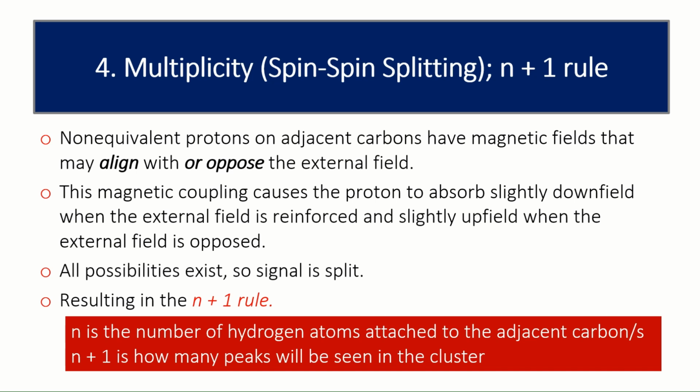So protons adjacent to that will absorb slightly downfield when the external field is reinforced, or upfield when the external field is opposed. All of the possibilities exist, so the signal is split, resulting in the n+1 rule.